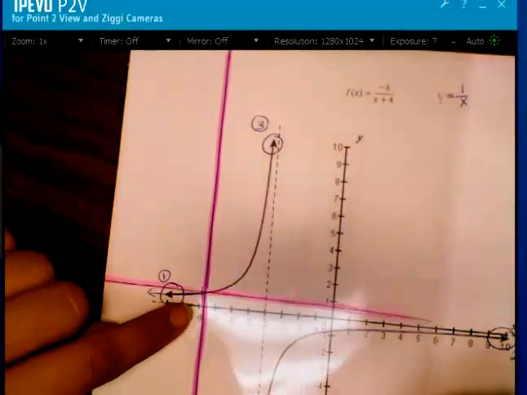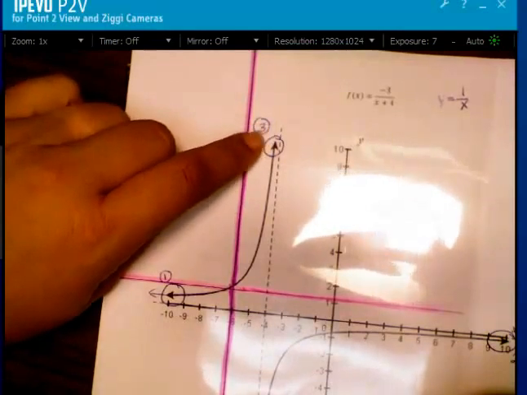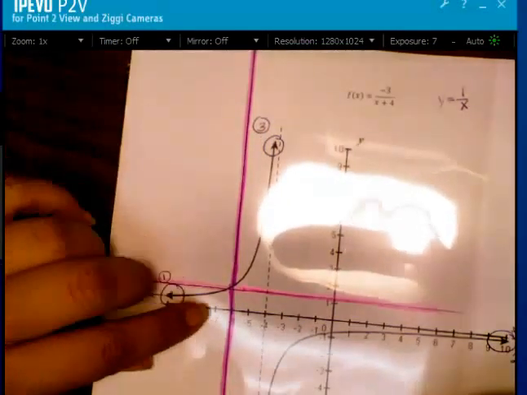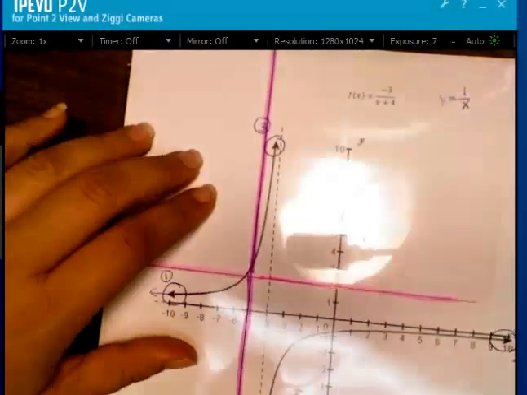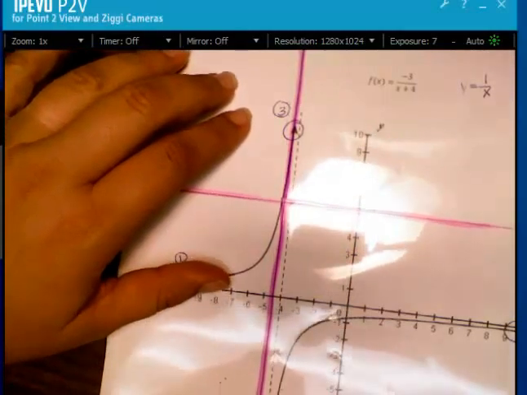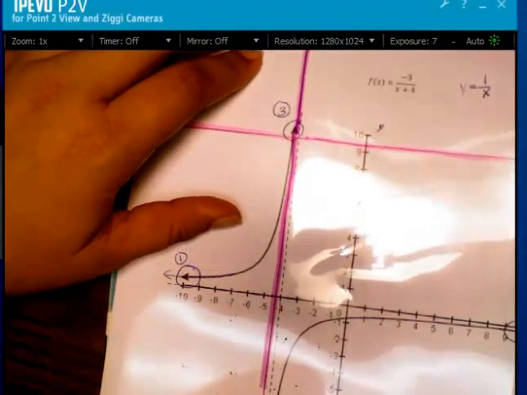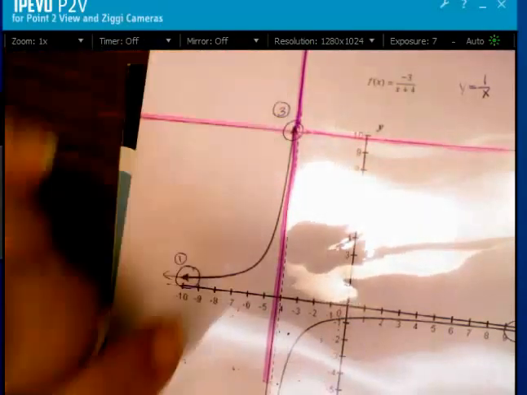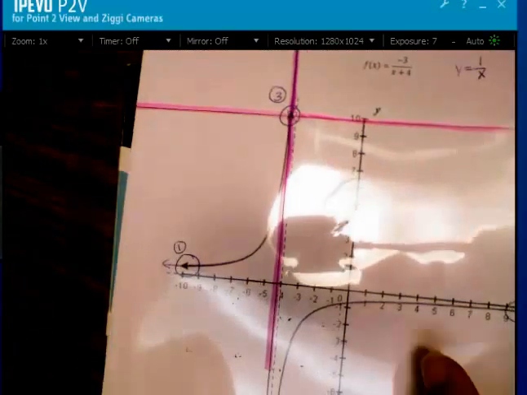As I trace the function and go out to end behavior number 3, you can see that these x values get closer and closer to negative 4, and it approaches from the left.